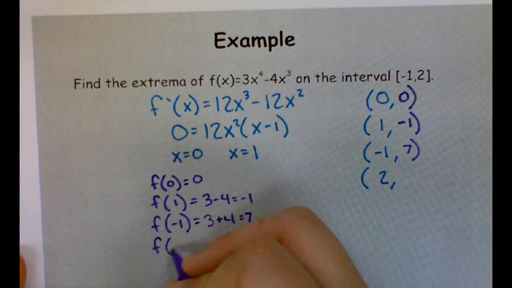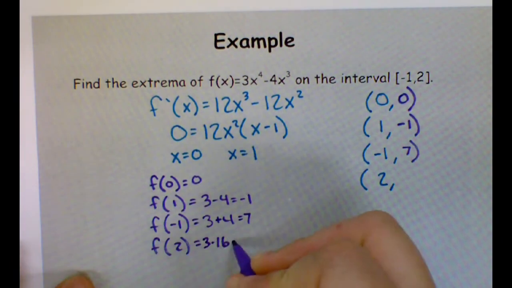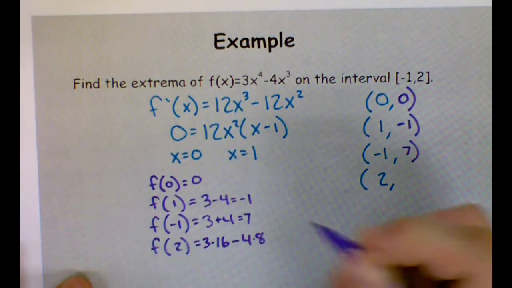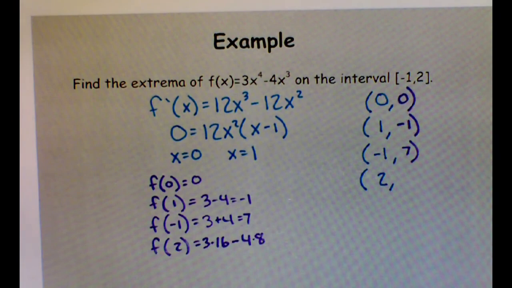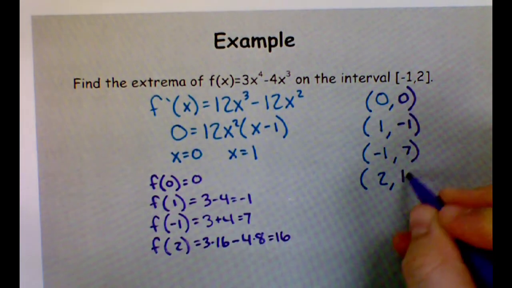And f of 2 gives me, let's see, 2 to the 4th power is 16. I have 3 times 16 minus 4 times 8. Calculator, what am I doing? That is 16. There we go.